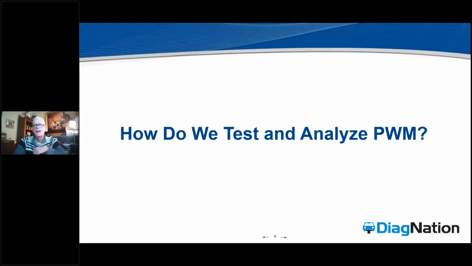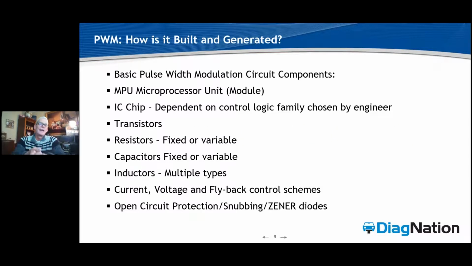So how do we test and analyze pulse width modulation? Well, in order to understand that, we really need to understand how pulse width modulation is actually built and generated within that magic box, the PCM, or that module, whatever it is we're working on. So there are some basic pulse width modulation circuit components that are used to generate this kind of signal and control.